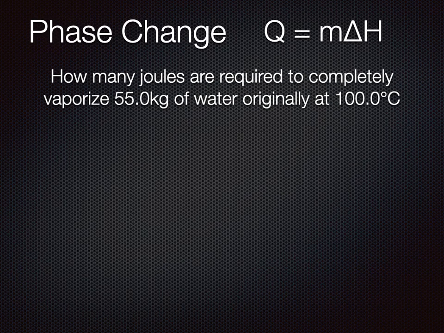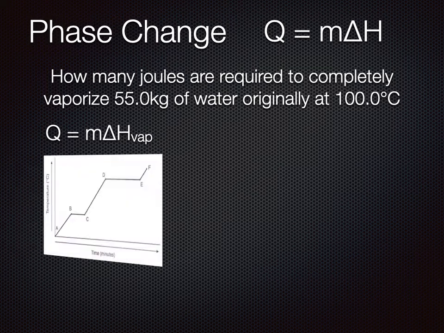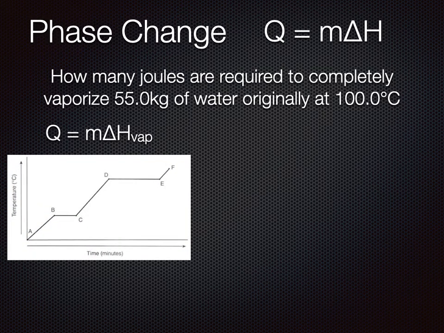So how many joules are required to completely vaporize 55.0 kilograms of water, originally at 100 degrees Celsius? So the first thing you want to do is think about whether or not you're dealing with a phase change or a temperature change. In this case, we are at the boiling point, and so we're moving across that DE line.